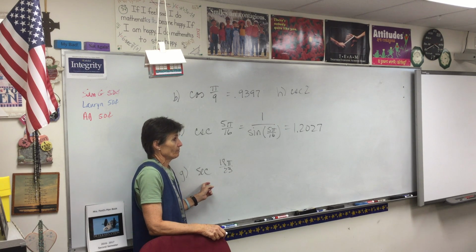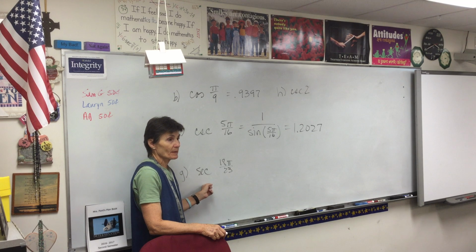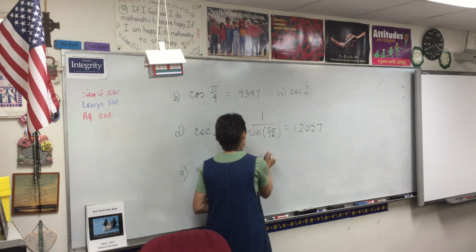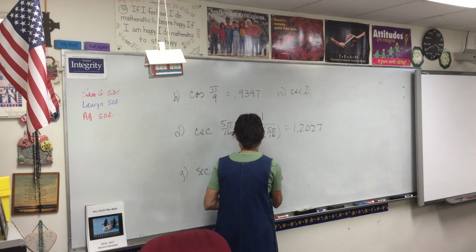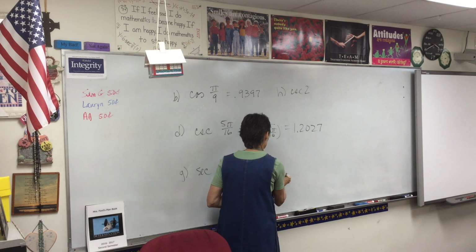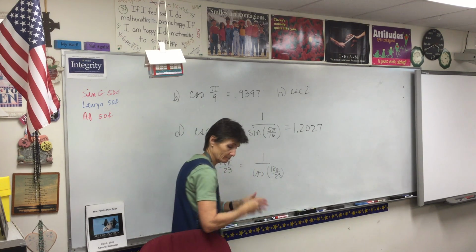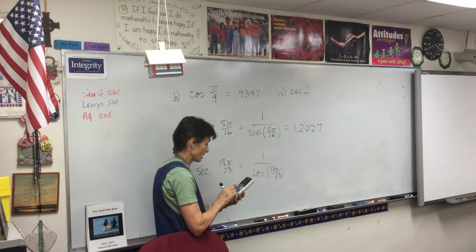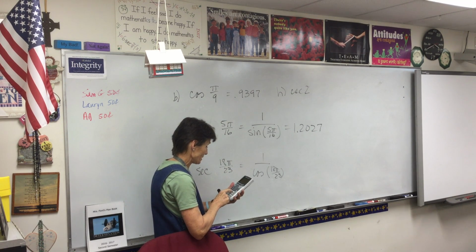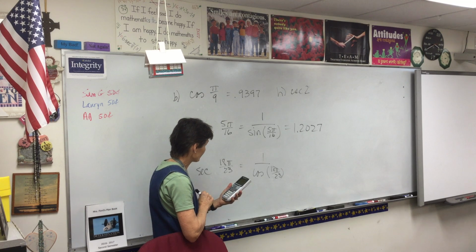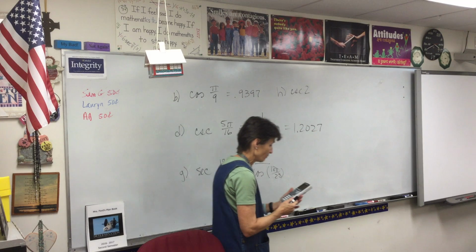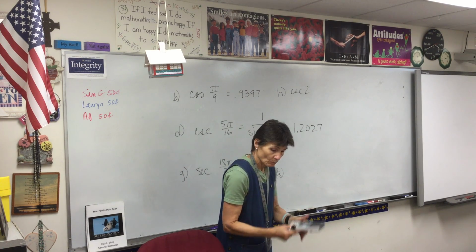Same situation, only this isn't 1 divided by sine, this is 1 divided by cosine. So 1 divided by cosine, 18 pi divided by 23. Negative 1.2891.